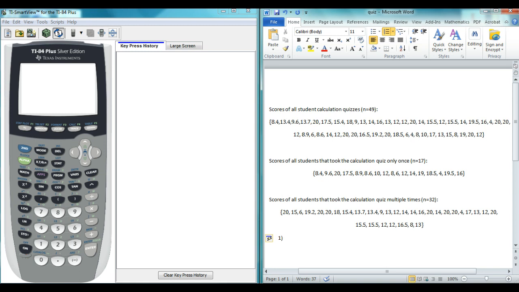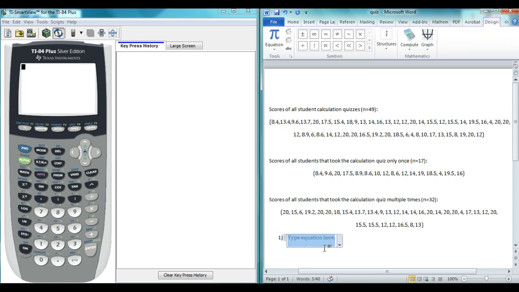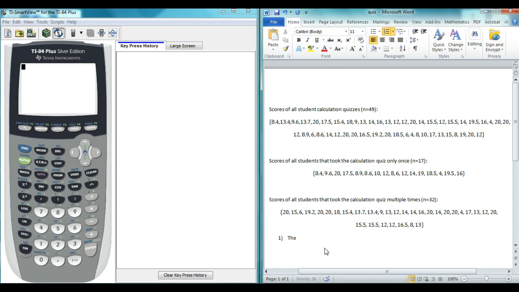I already looked at the average, and I saw that the average was somewhere close to about 70%. So what I would be interested in for my first case would be to see if the average score of all students that take calculation quizzes seems to be below 75%.